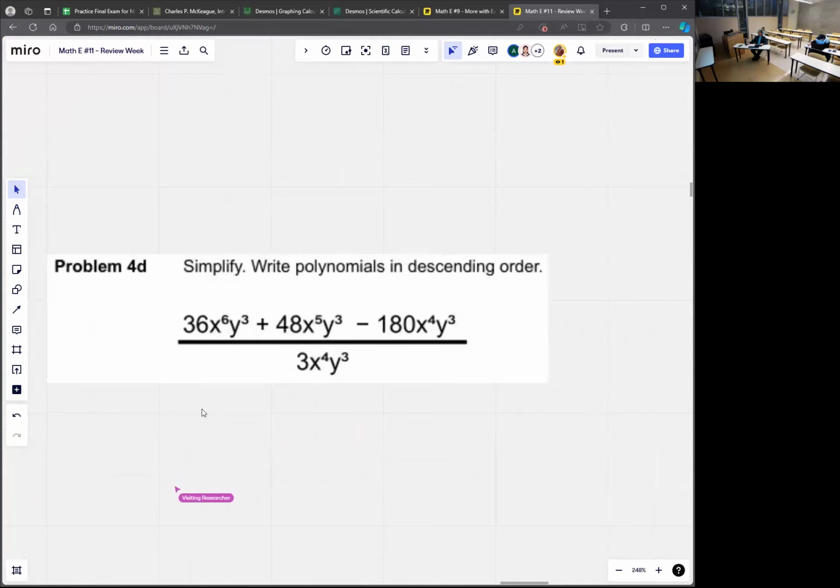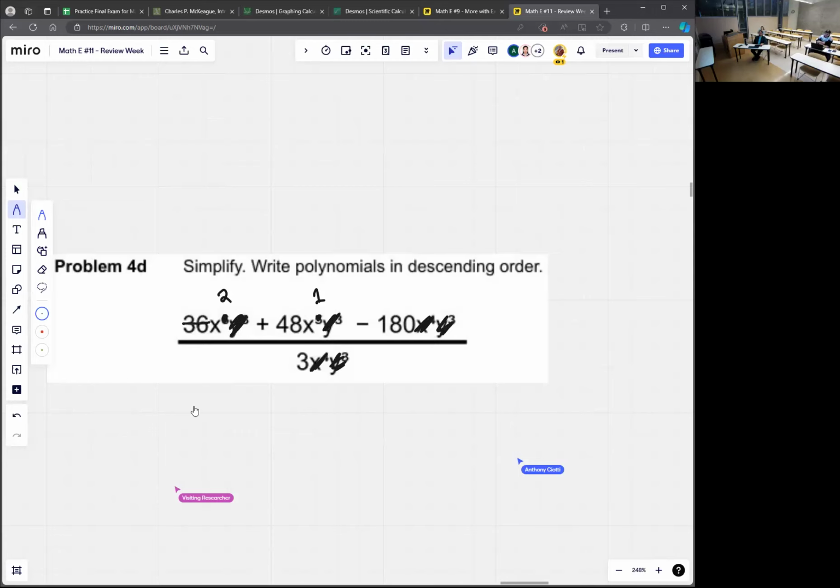Simplify. How many x's can I get rid of? Well, they all have at least 4 x's, so I can get rid of that. And that 5 would become a 1 and the 6 would become a 2. They all have 3 y's. That's pretty nice, so that just all goes away. And does 3 go into all of that?